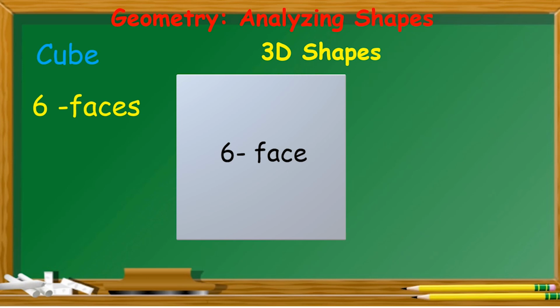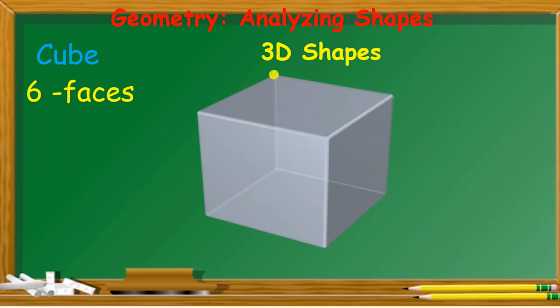Now, how many corners and sides? So we have 1, 2, 3, 4, 5, 6, 7, 8.